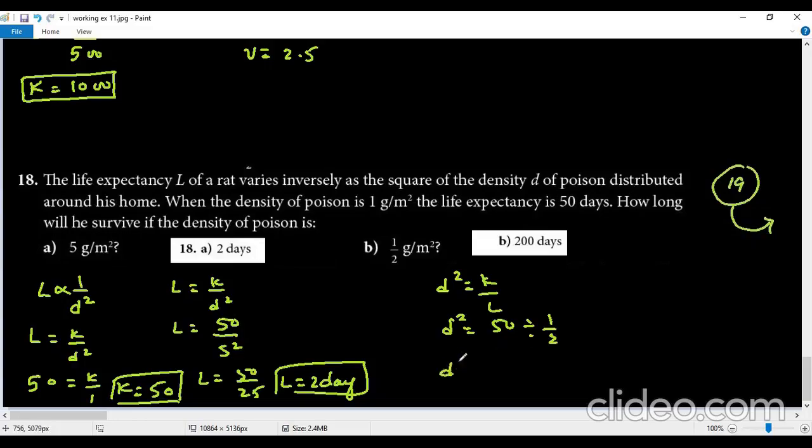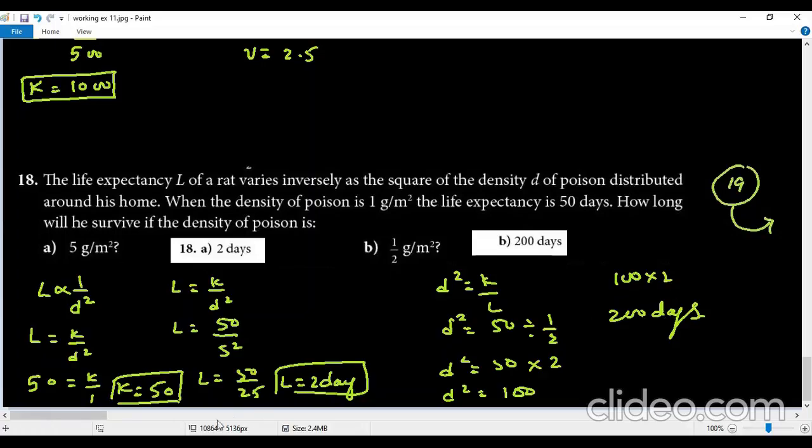That means D square equals 50 divided by 1 over 2, times 2. That means D square equals 100, and so it's going to multiply by 2. So 100 multiplied by 2 is going to give us 200.